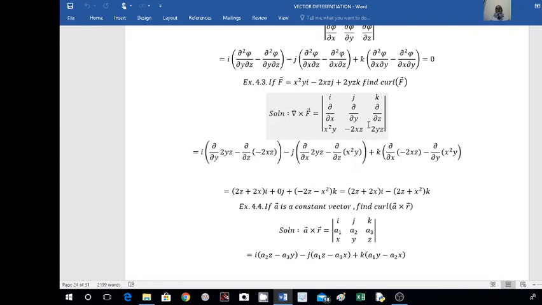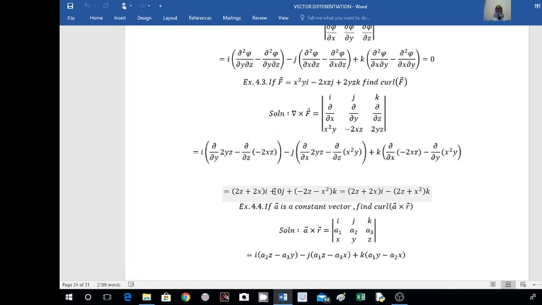So we are differentiating partially with respect to y, means 2z is a constant quantity, y derivative is 1, that is 2z, minus ∂/∂z of this. Here we have minus sign, minus into minus, this becomes plus. So this is equal ∂/∂z of this is 2x, so 2x into i plus.